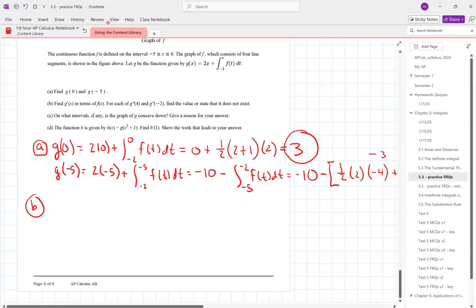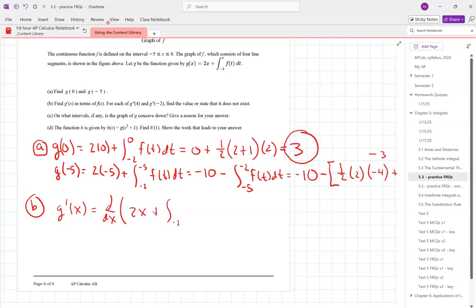Part B says find G prime in terms of f of x. Okay. So G prime of x is going to be the derivative of 2x plus the integral from negative 2 to x of f of t dt. So when I do the derivative of 2x, I get 2, and the derivative of the integral from negative 2 to x of f of t dt is f of x, right?